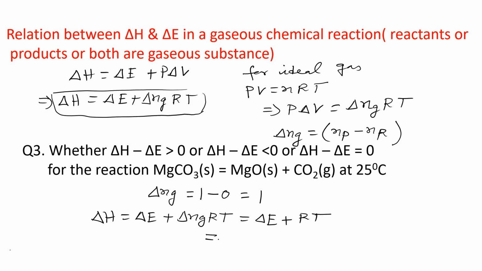So therefore, delta H minus delta E is equal to RT, which is a positive quantity. So therefore delta H minus delta E is greater than 0, and that means delta H is greater than delta E. Understood? So this is a little discussion on enthalpy.